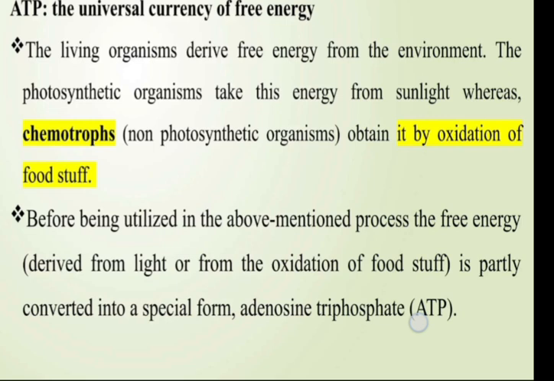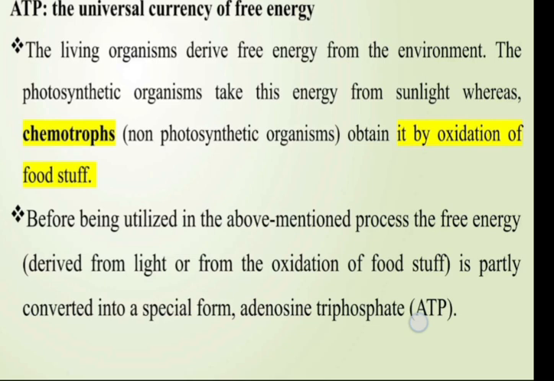ATP. This ATP is also known as the universal currency of free energy. The living organisms derive free energy from the environment. The photosynthetic organisms take this energy from the sunlight, whereas chemotrophs obtain it by oxidation of foodstuff.